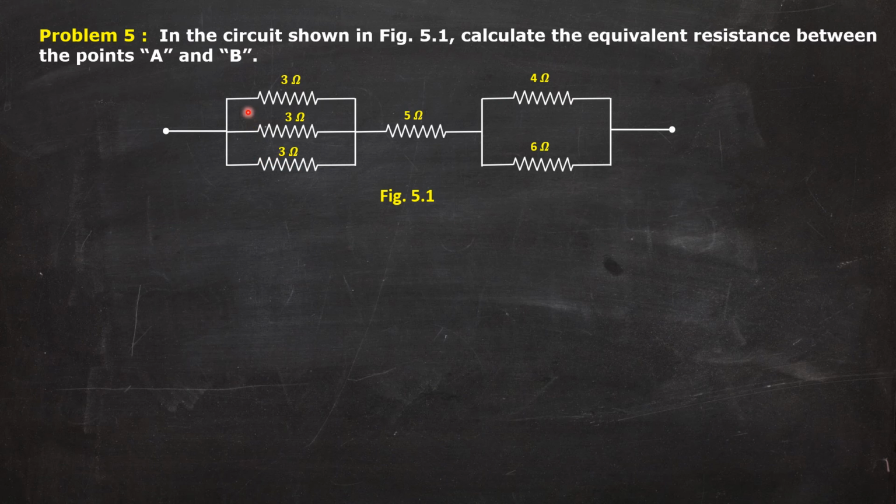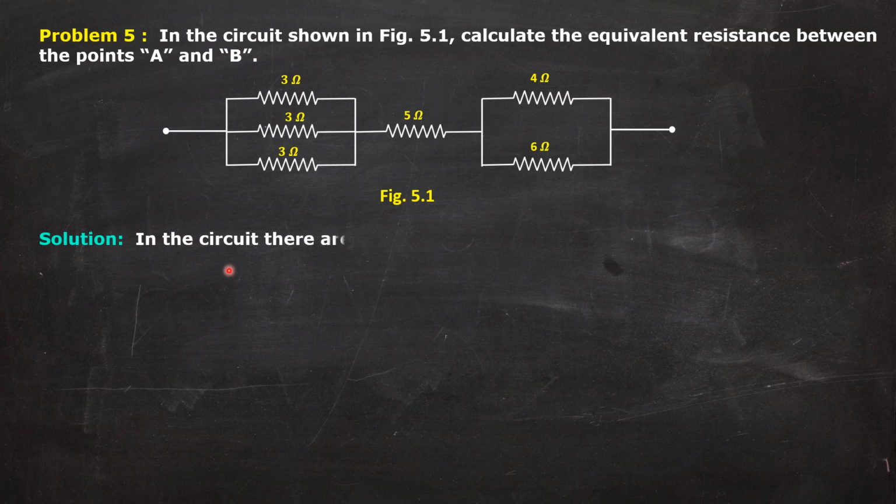So first we have to find out the equivalent resistance of these three resistors. Next we have to find out the equivalent resistance of these two resistors. And finally we have to join the equivalent resistances of this part and this part in series with 5 ohm resistance.